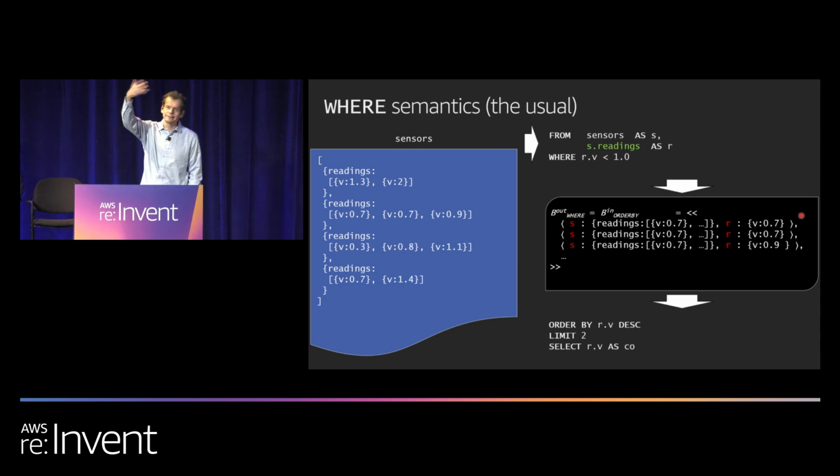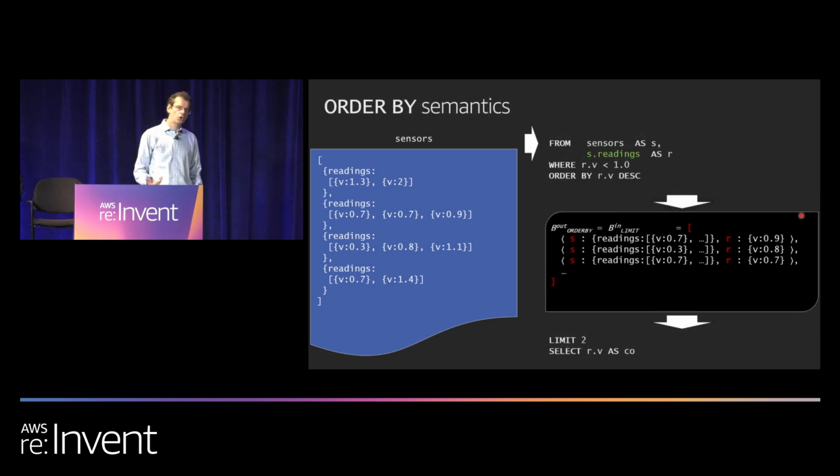Well, out of all these pairs that are coming out of the from clause, it only keeps those that satisfy the conditions. What is the order by doing? Again, what it's doing in SQL: I'm getting some data that may not have any particular order, and now I'm producing a particular order. So I'm starting with a bag, and I'm producing an array.